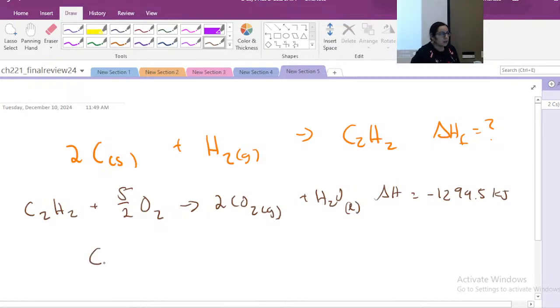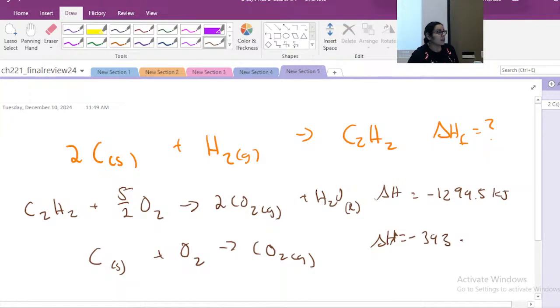Then we have our combustion of CO2, our standard enthalpy. So that is given, negative 393.5 kilojoules.